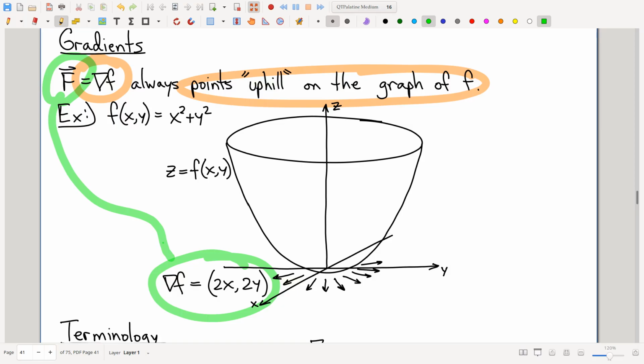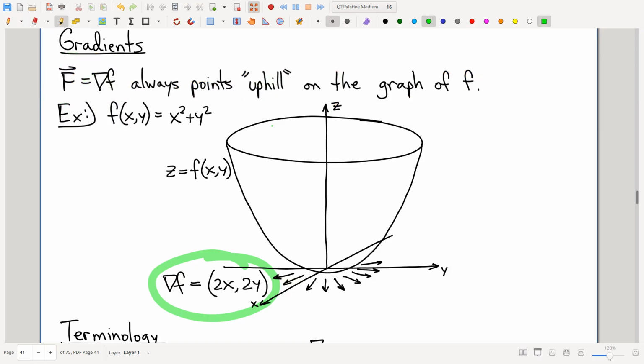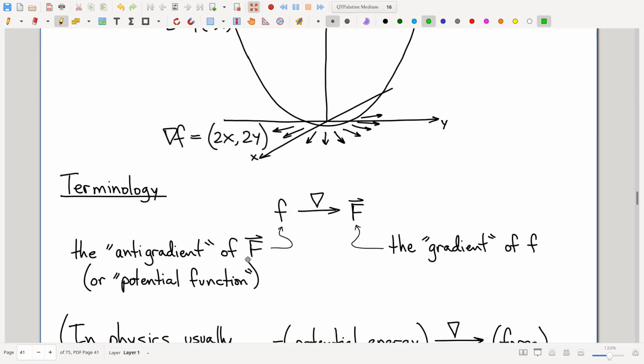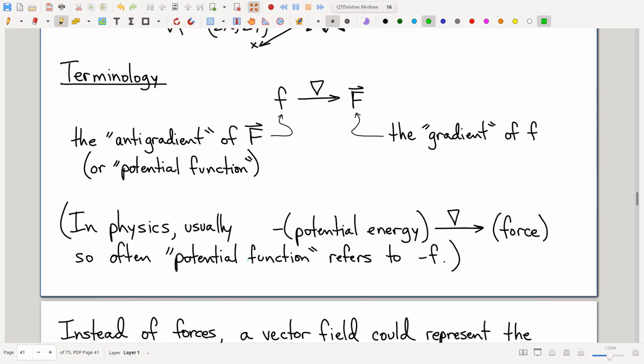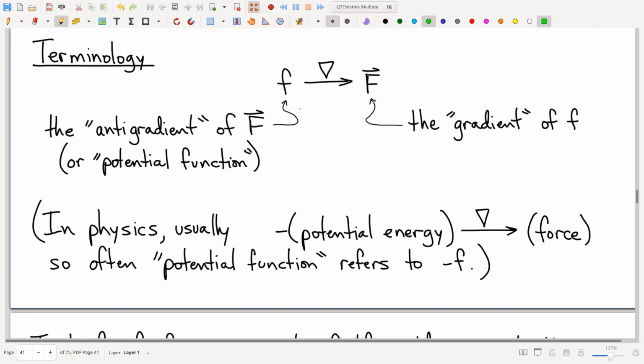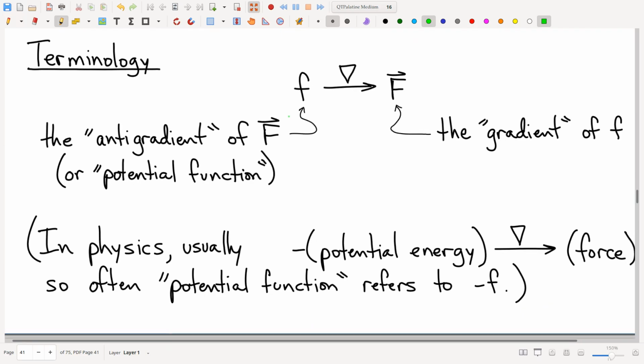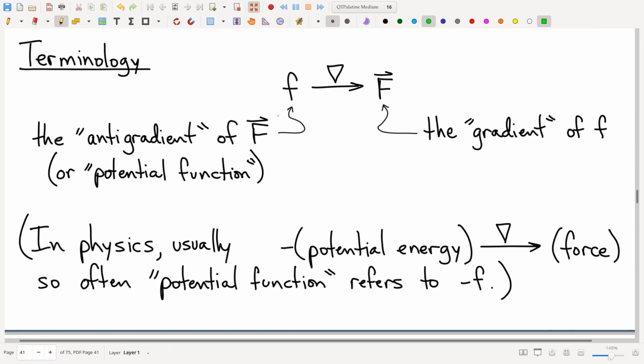All right. Now, a little bit of terminology to talk about. I'm going to tell you what I think the natural terminology should be first. And that is, keep in mind, gradient. What gradient does is it takes a multivariable function and it produces from that a vector field.